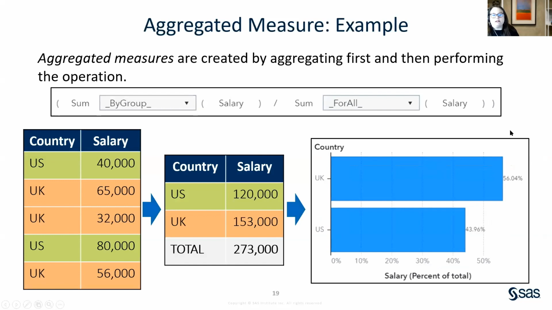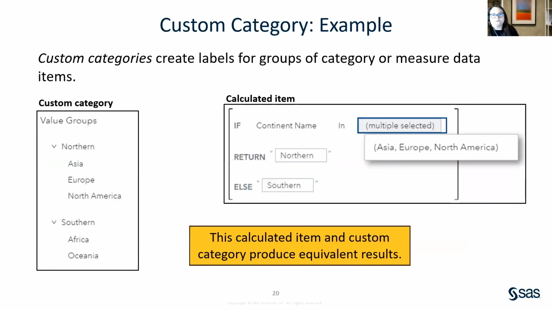So here I'm going to sum up all the US salaries, and then I'm going to sum up all of the UK salaries. And then I can do a calculation to look at what percent of my salaries fall to the US and what percent fall to the UK. So that would be an aggregated measure because I'm grouping it first and then I'm doing the calculation.